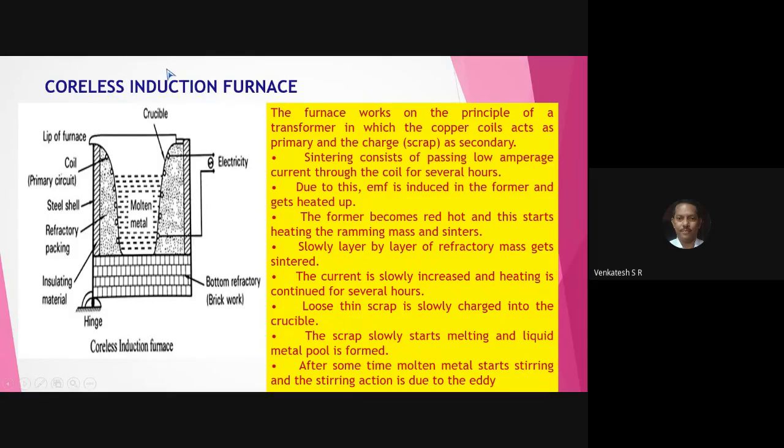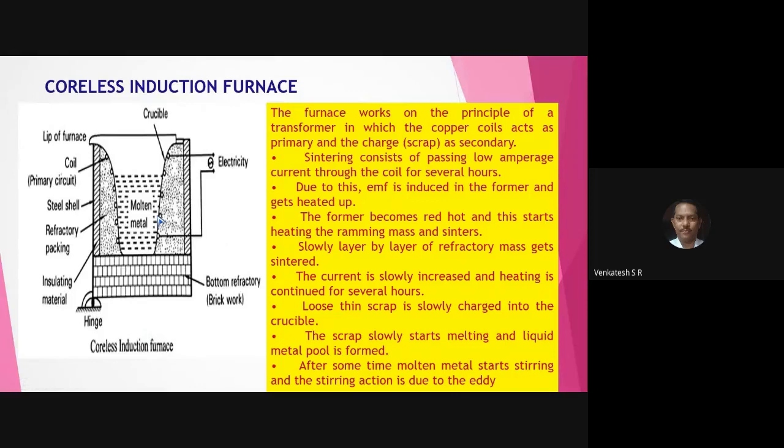This is a very simple operation, and the cost of production of molten metal is also very less. For that reason, almost all the industries where they melt non-ferrous metal and a small amount of cast iron use a coreless induction furnace.